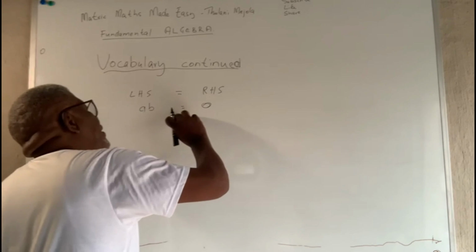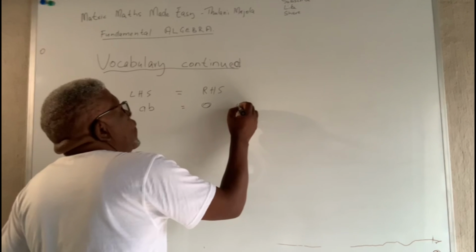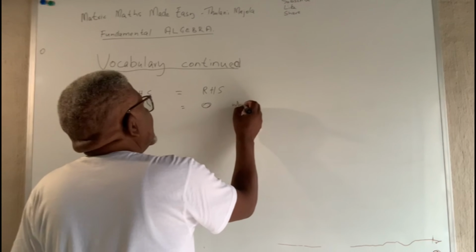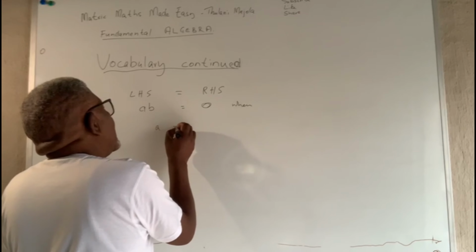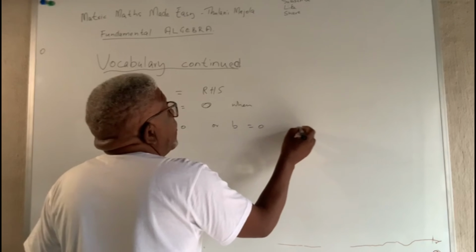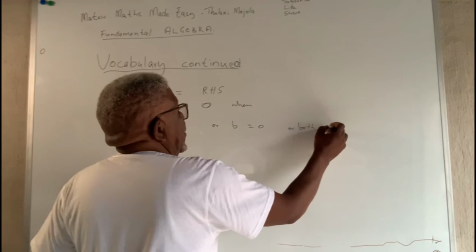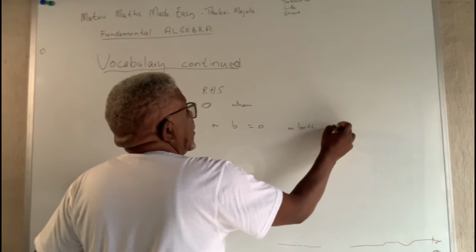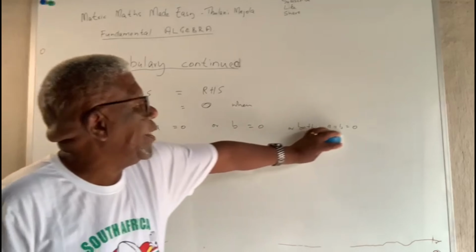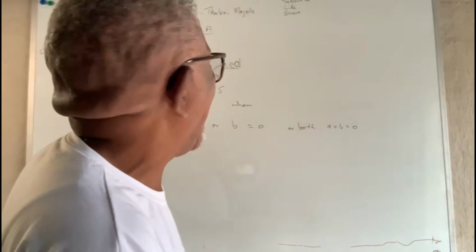This AB is equal to 0 when A equal to 0 or B equal to 0, or both, A and B equal to 0. So that's mathematics for when they are equal.